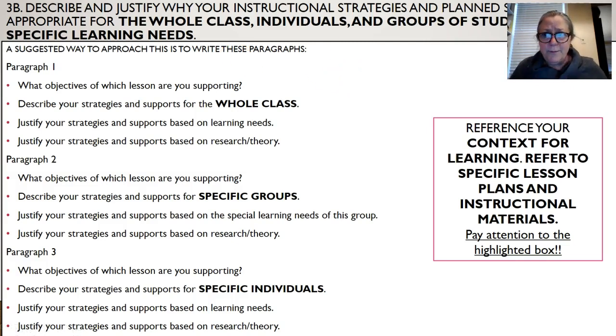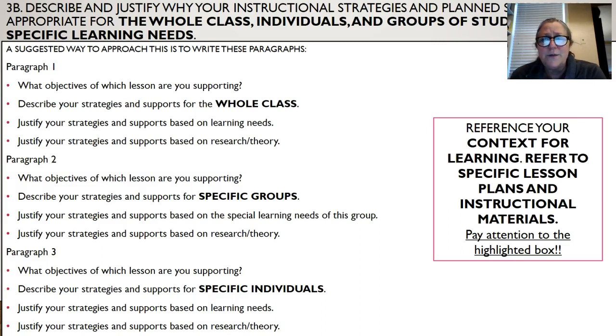Now, think big with the support. So if you used a Venn diagram, or an anchor chart, or if you had a word wall, or if you were letting the students work with partners, whatever you did, teaching strategies.